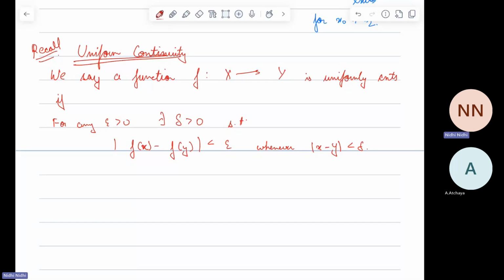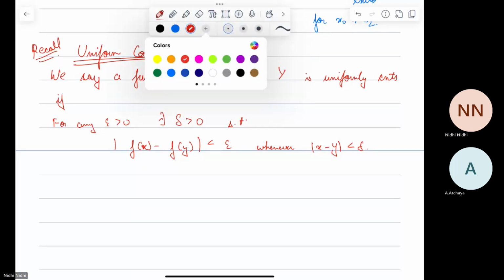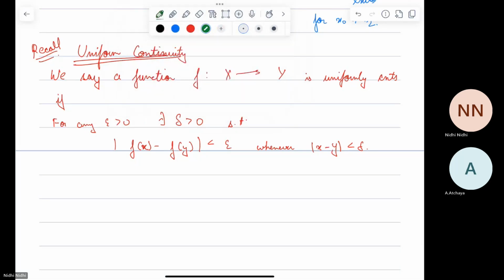Then again, as we had seen earlier with the sequential criteria, we can also see uniform continuity using sequences. So you can call it the sequential criteria for uniform continuity.